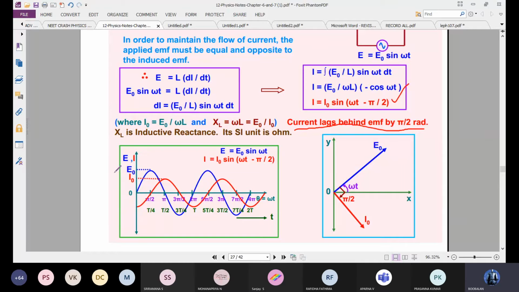Okay. See the graph. This is the E graph, starting with 0. But what about current? It is minus pi by 2, negative slope. It is starting with negative.